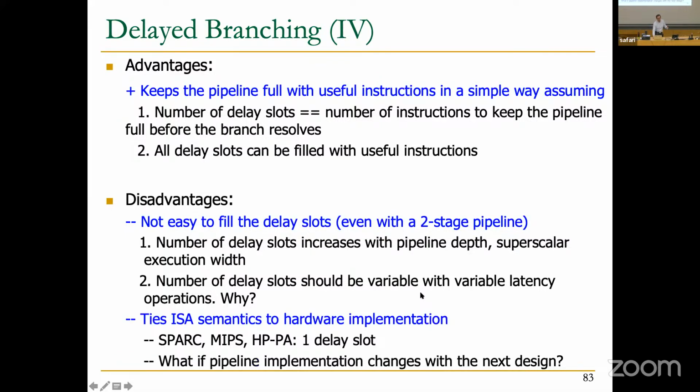Okay, ignore that. The biggest reason why this is a very bad idea is that it ties the ISA semantics to a hardware implementation. These people envisioned that you're going to have a 2-stage pipeline, or the branches will be resolved after 1 cycle. So let's have a delay slot, and the compiler will fill this delay slot, and we're not going to have branch prediction in the machine. Now you're tying your vision of hardware to the semantics of the ISA, and for the remaining 40 years of your ISA's lifetime, everybody needs to deal with your delay slot.